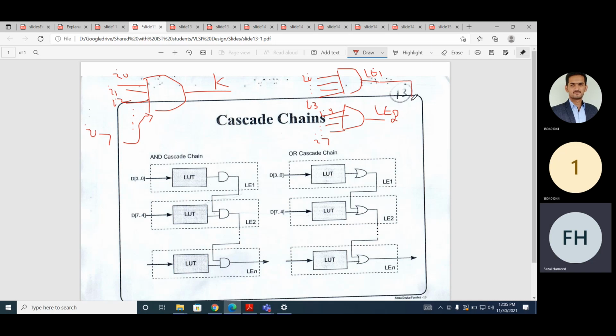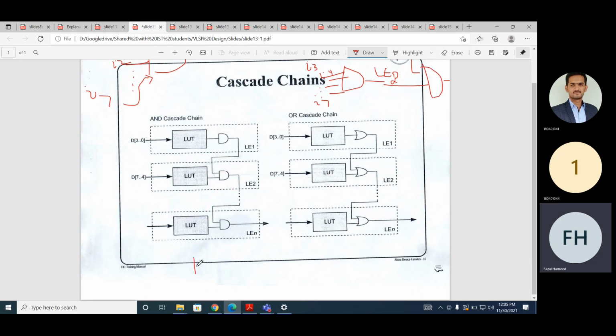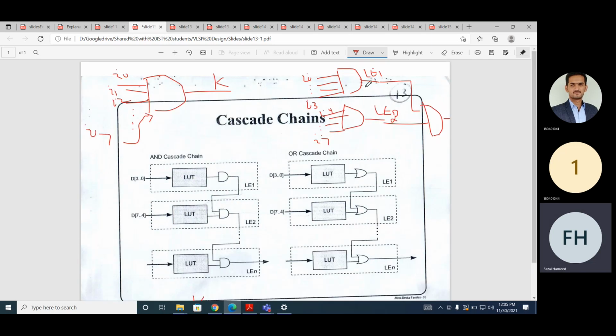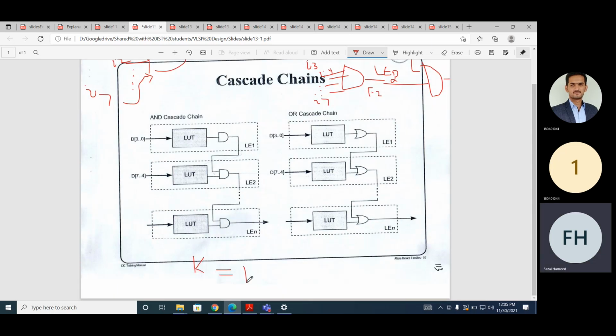And then which chain can we use, AND cascade chain or OR cascade chain? AND cascade chain. So what is K? Let's assume the outputs are F1 and F2. K is equal to F1 AND F2.